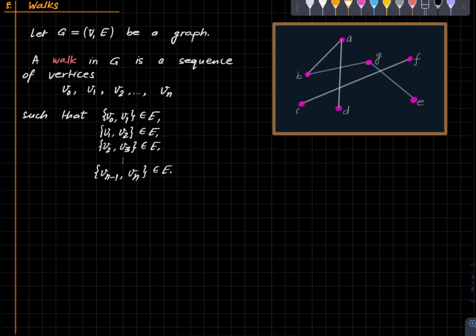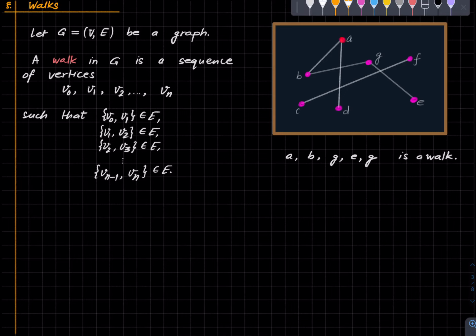Alright, so now let's take some examples. Here we have a graph. So let me illustrate. So this sequence A, B, G, E, and again a G. So vertices can repeat. Here we are not demanding that these are distinct vertices. They may repeat. So this is a walk. Why is this a walk?